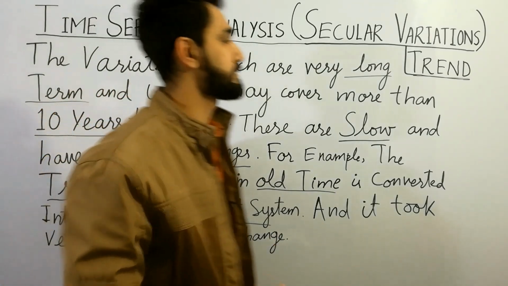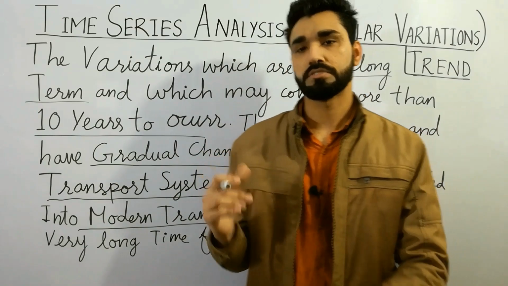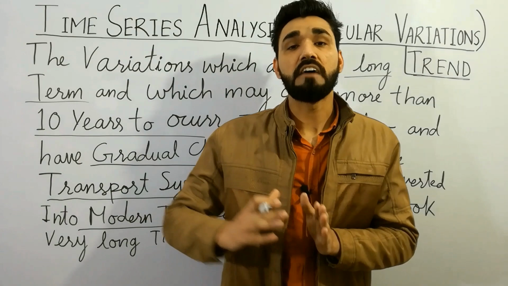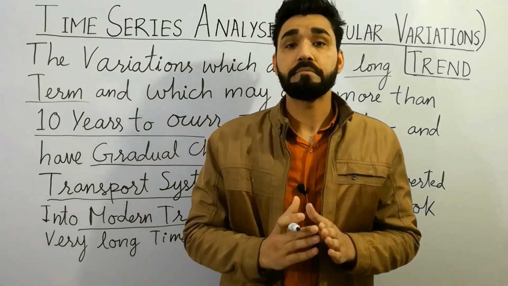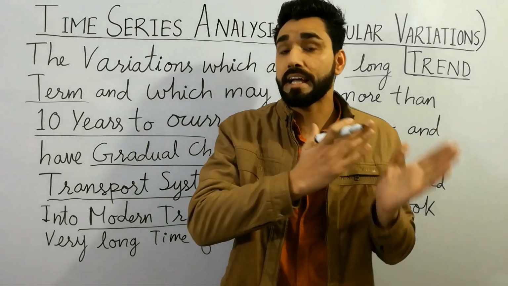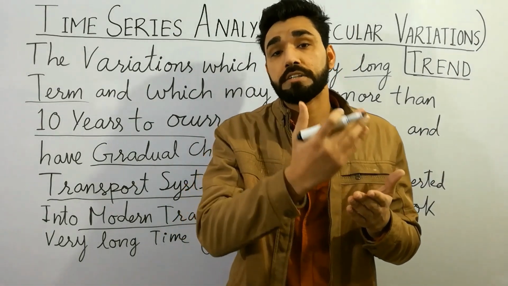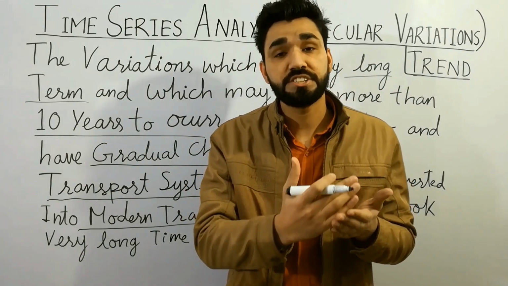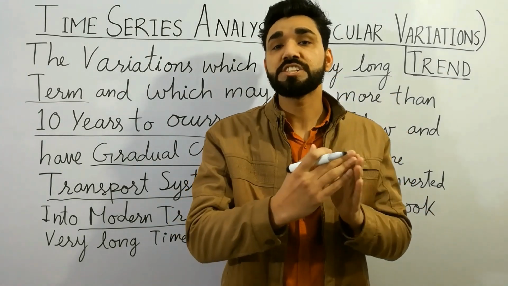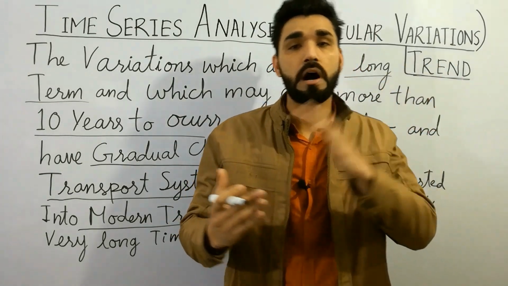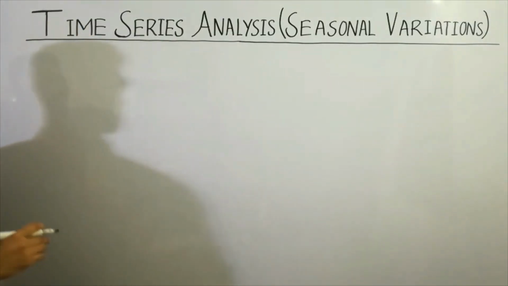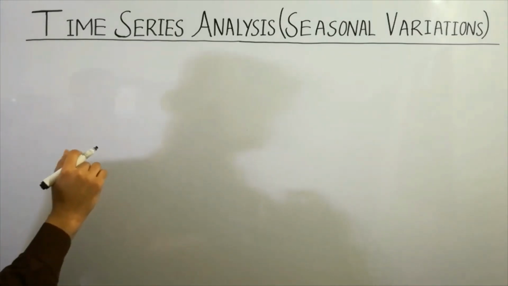So that's called secular variations. Simply, I can say the variations which are very long term and can cover 100 or 200 years, going back to 1700, 1600, 1500, have gradual changes from the old system to a modern system.